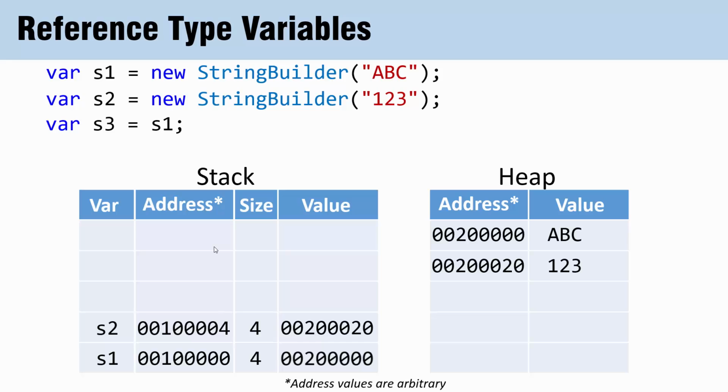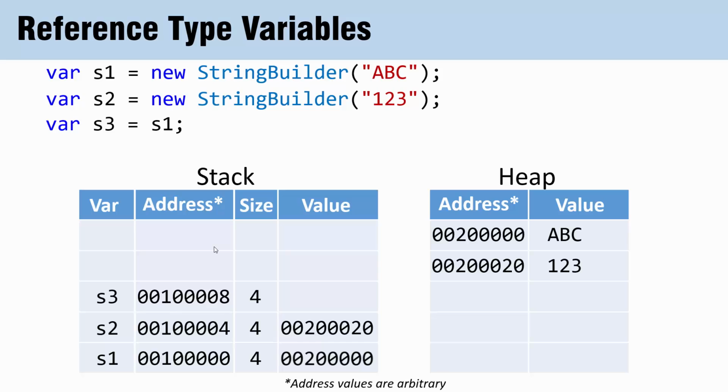This next statement, where we assign S1 to S3, is looking very similar to how we dealt with the value type assignment in the previous demonstration with variables of the value type. However, watch what happens here.